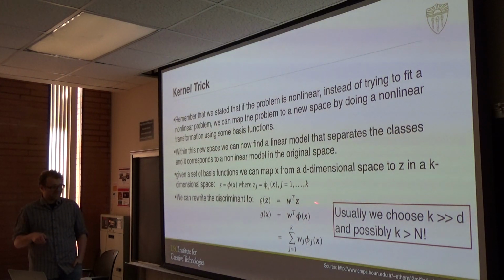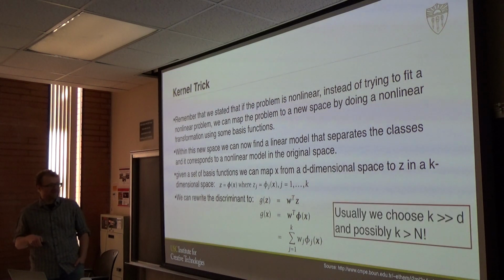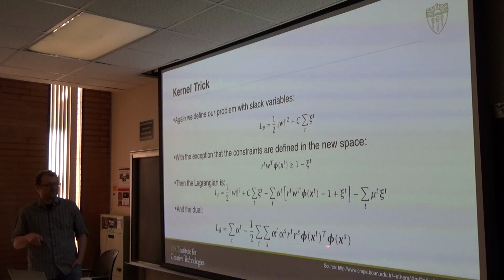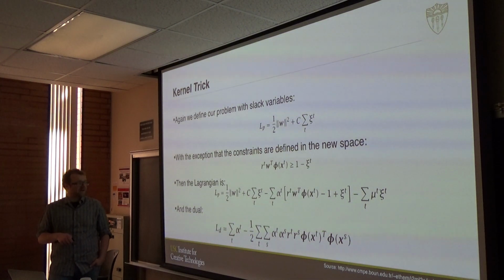And so the discrimination that we now have is always defined by these basis functions that we apply to any of the data points, and in the end that just changes our input vectors, which are now reduced to a dot product between two k-dimensional values.